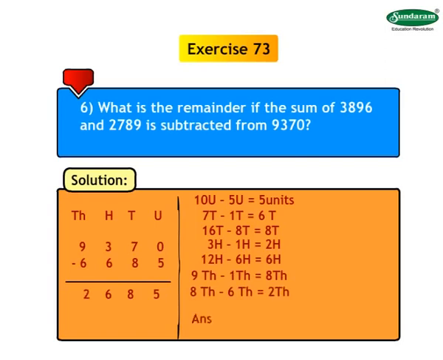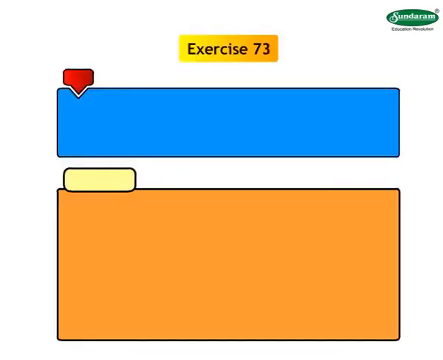Hence, the answer is 9370 minus sum of 3896 and 2789 is equal to 2685. 8. A worker earns rupees 80 per day.